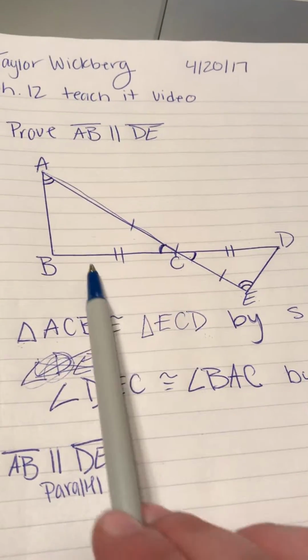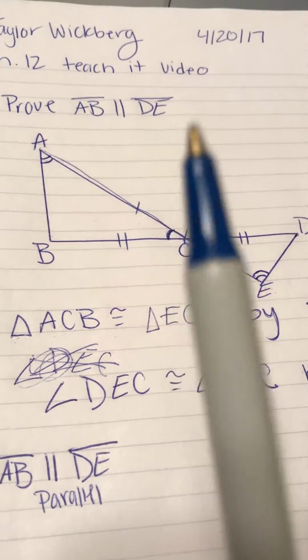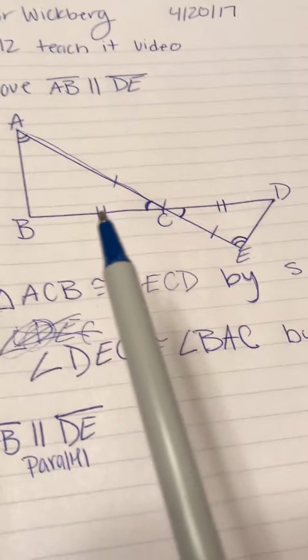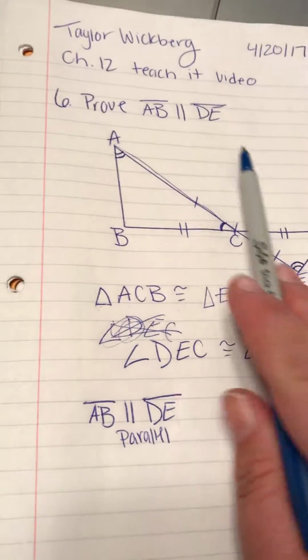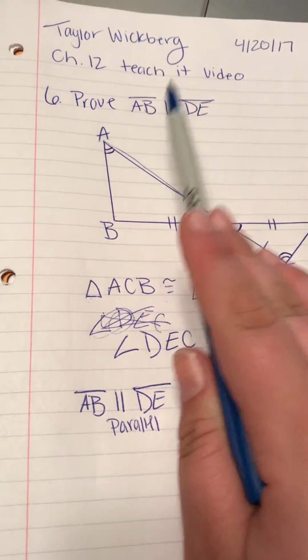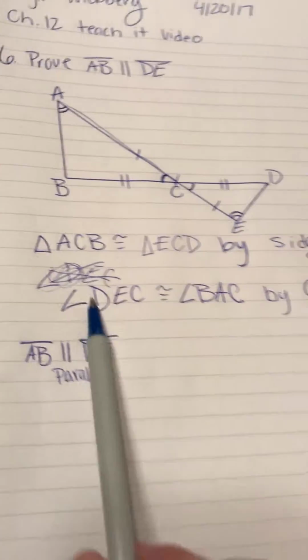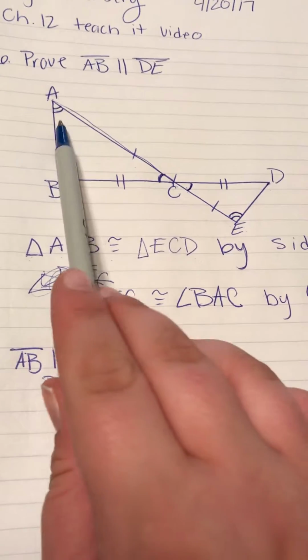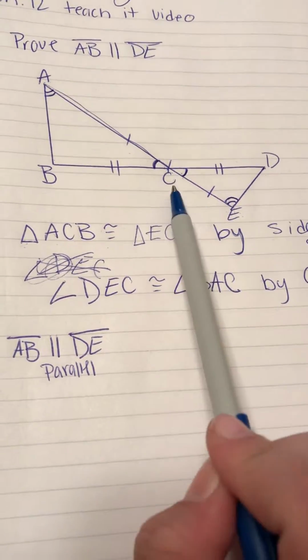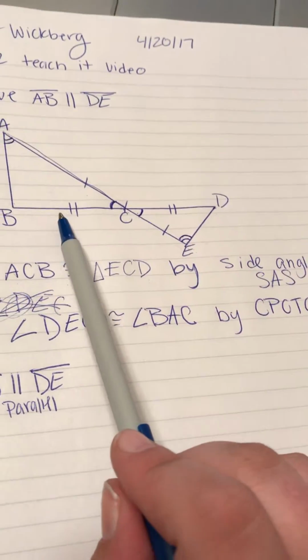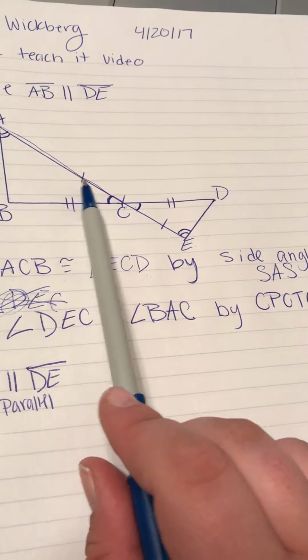So if we look, congruent alternate interior angles. So, do we solve this problem? Do we prove that line AB is parallel to DE? Well, if we look, triangle ACB is congruent to triangle ECD by side, angle, side.